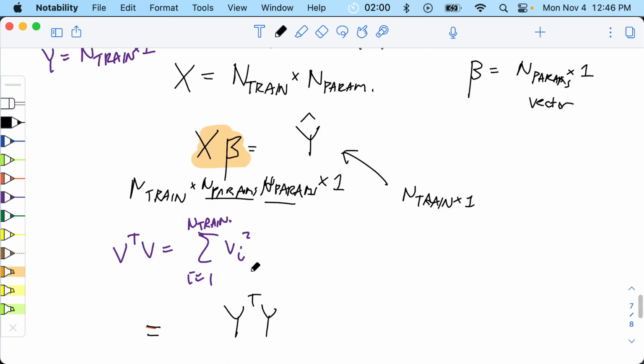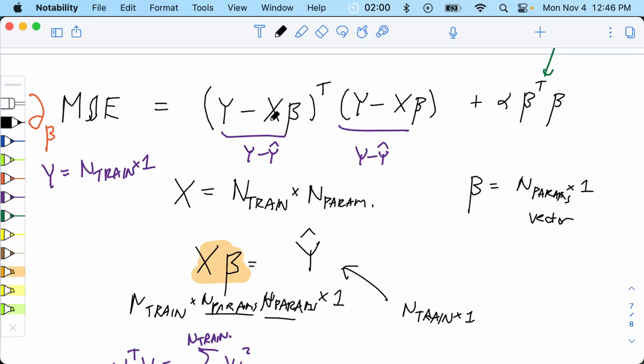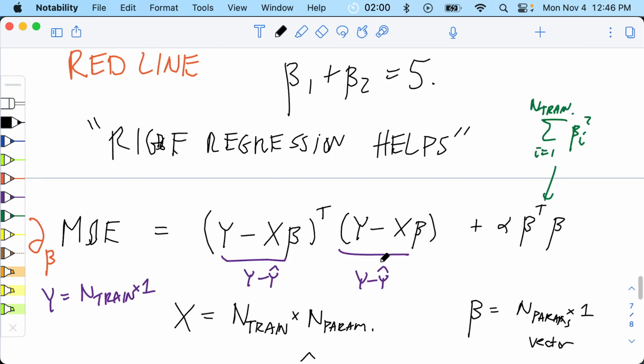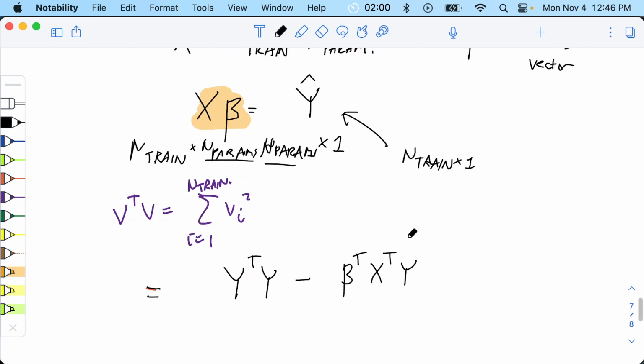Y transpose times y is kind of like the irreducible variance. Anyway, then you get an x transpose beta transpose y in this order, minus beta transpose x transpose y. That's this term with this term. And then you get a y times x beta minus y times x beta.